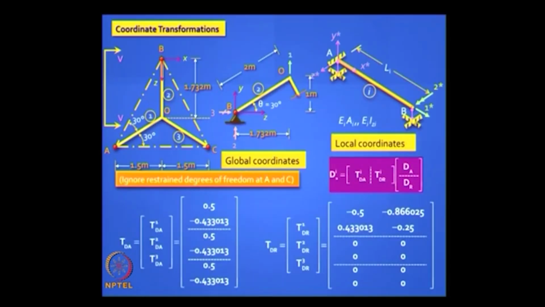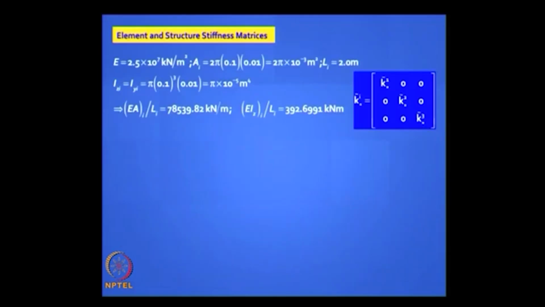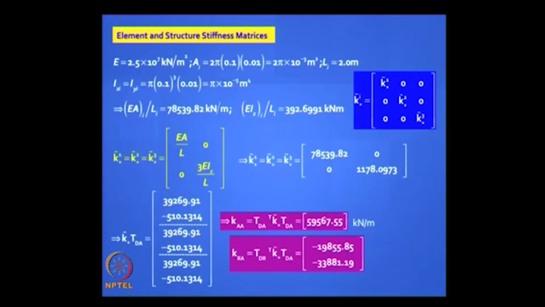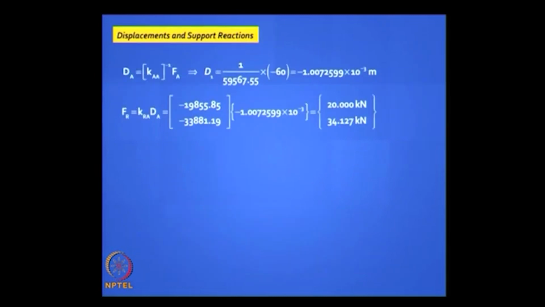We are looking at one of those support reactions, pointing in the Y and Z directions. We are not looking at the other two because all are identical. Write down the TD matrix, write down the element stiffness matrix, generate your structure stiffness matrix. These are the steps, and finally solve and find your displacement.